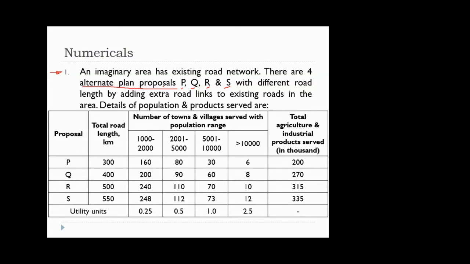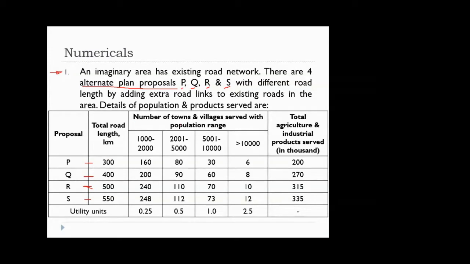Somewhat the same you can see here. For each proposal, they have given the road length. Obviously, this is a bit higher than what we saw in scenario 3, but you can relate it.